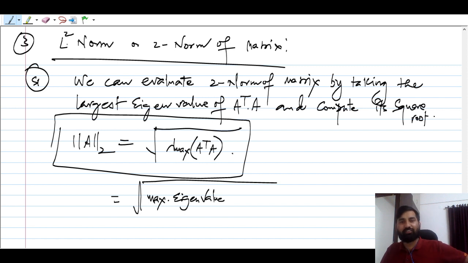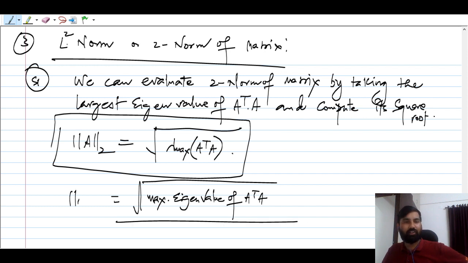This is just like a function, f of something. So here I'm talking about the eigenvalue of this guy, A transpose A. So the maximum eigenvalue of A transpose A, and take the square root of that, so that is going to give you the L2 norm.